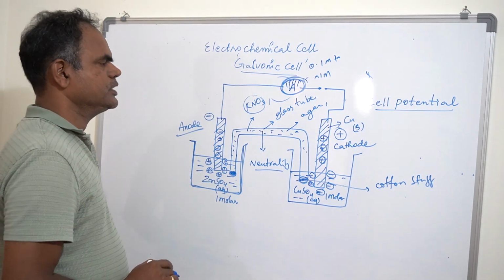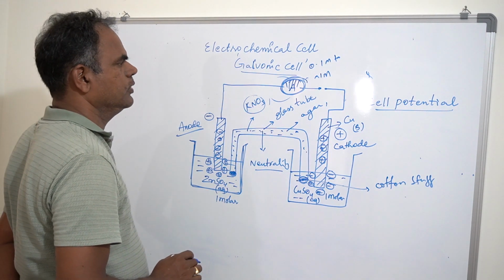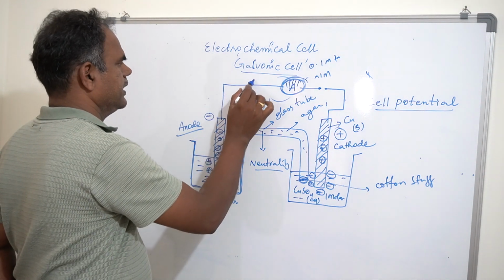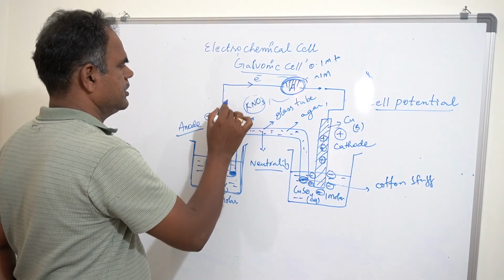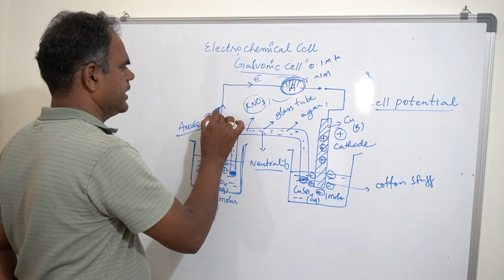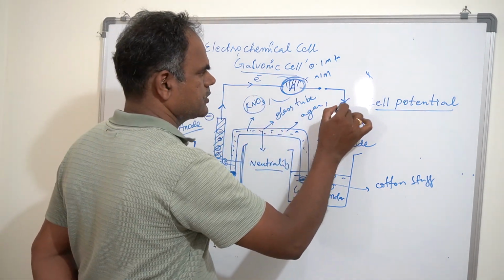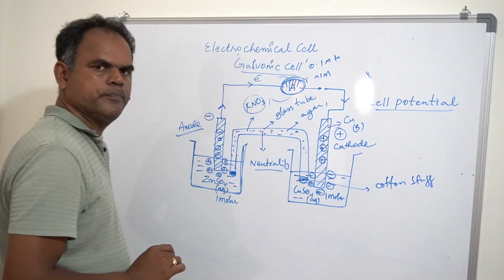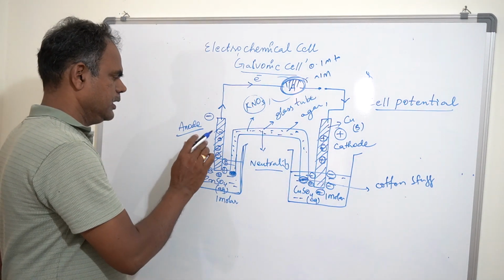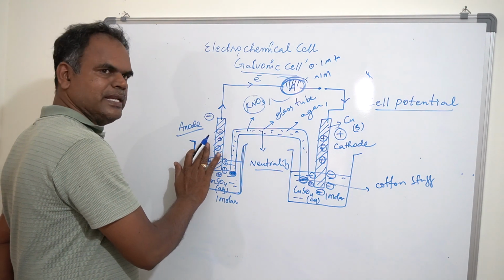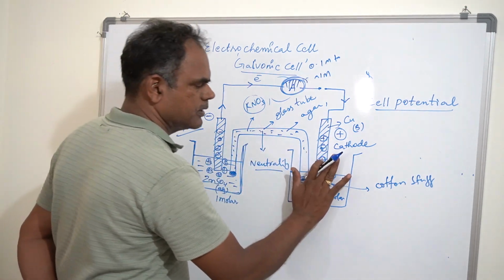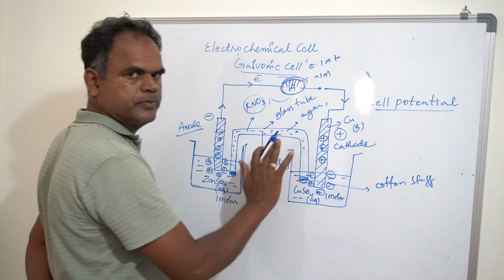When the cell potential has been generated, the electrons start moving through the wire from anode to cathode. Electrons start moving. Zinc loses electrons and copper gains electrons.